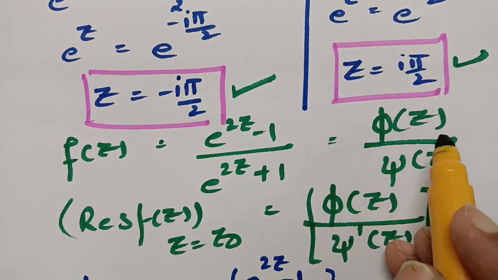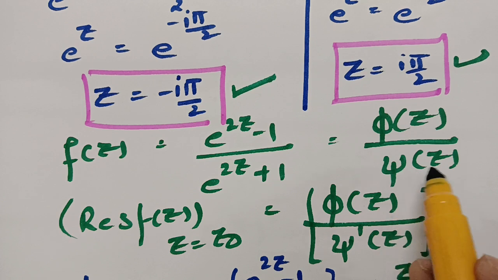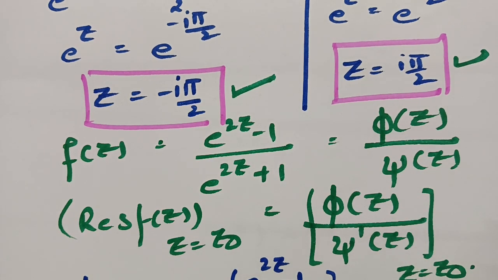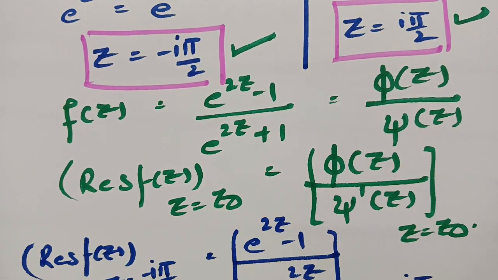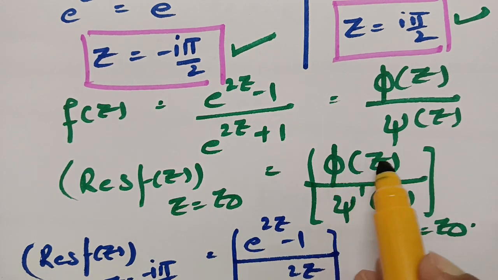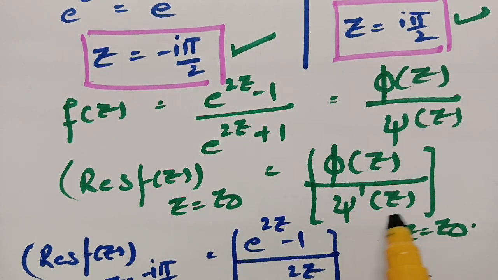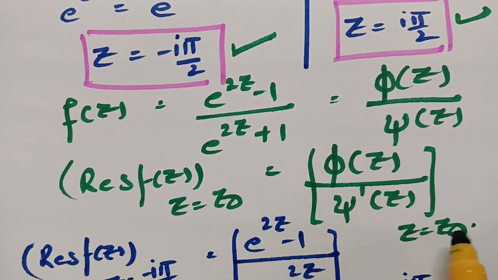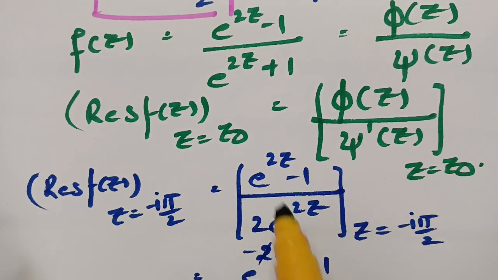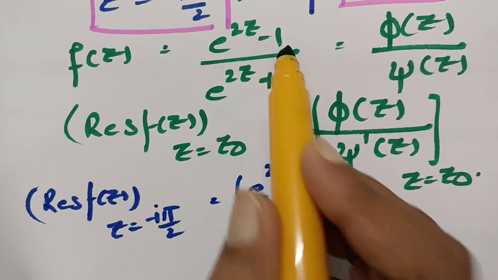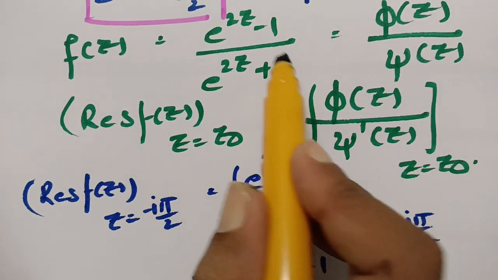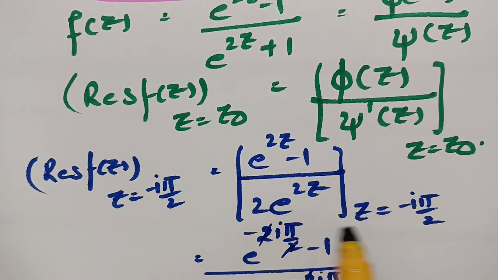First of all, we take the numerator as φ(z) and the denominator as ψ(z). The residue at the point z = z₀ is: the numerator we leave, the denominator we differentiate, and we substitute the pole value. So the numerator is as it is, e^(2z) − 1, and the denominator I differentiated and substituted z as −iπ/2.